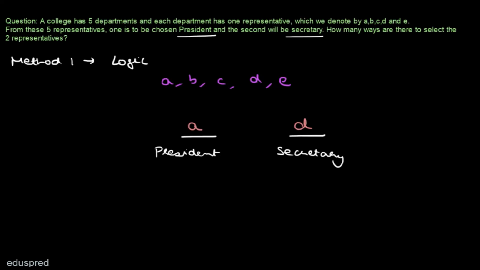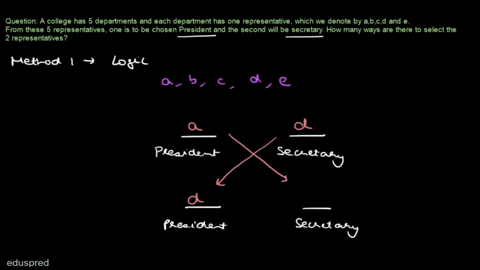Now I have to check what will happen if I change this ordering. So let me make 2 slots again. This one is for president and this one is for secretary. Now if I change the ordering of this outcome, that would mean that D will come here and A will come here. As you can see, these 2 outcomes are not one and the same thing.